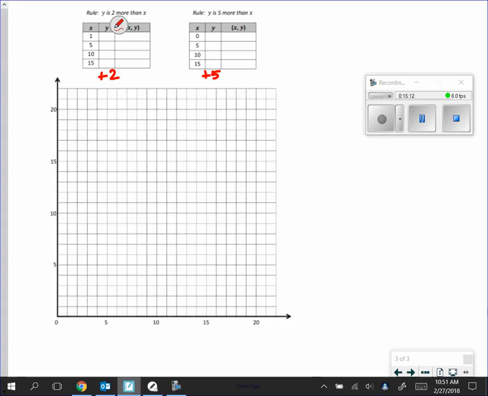Plus 5. So 1 plus 2 is 3. So this one is 1, 3. 5 plus 2, 7. So you have 5, 7. 10 plus 2, 12. So this one is 10, 12. 15 plus 2, 17. So you have 15, 17.